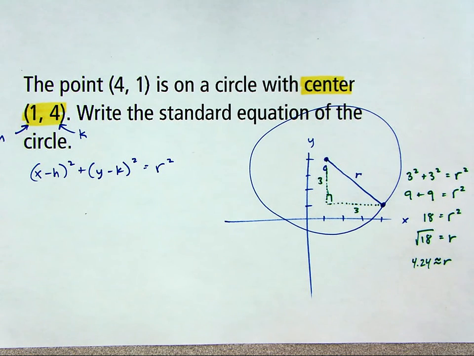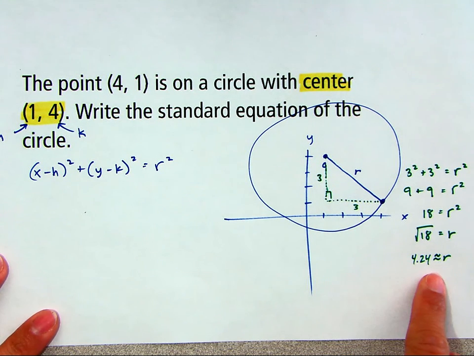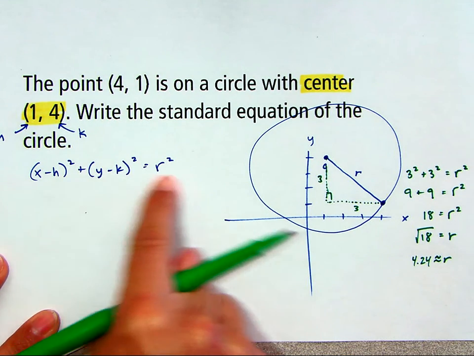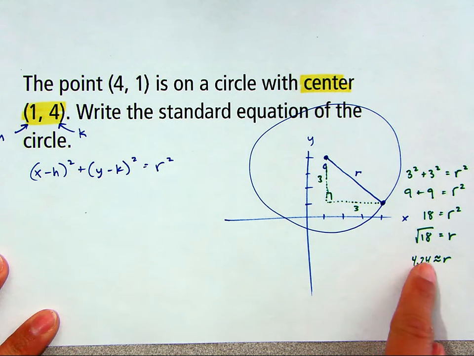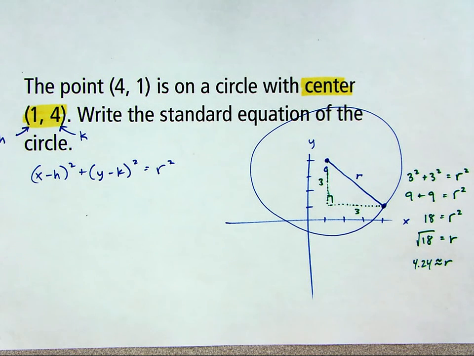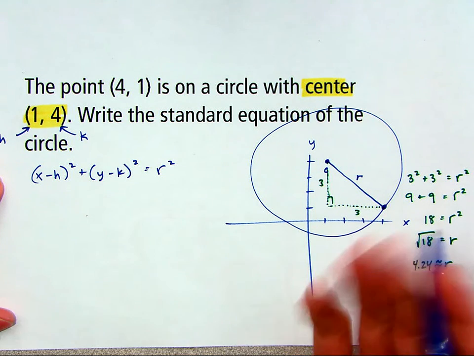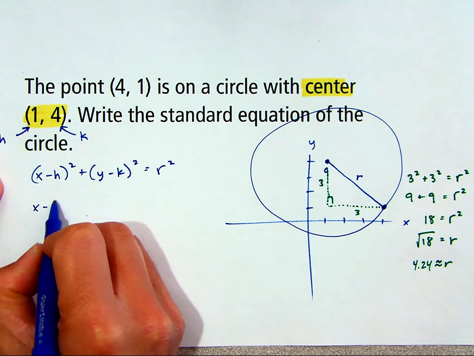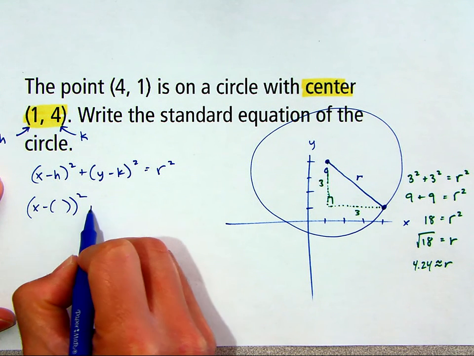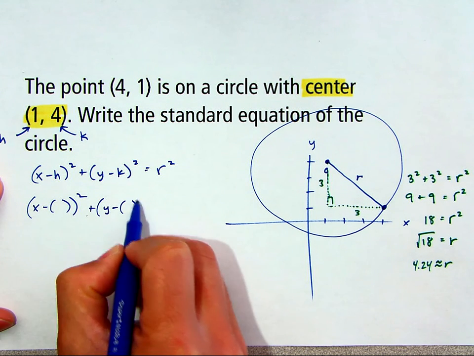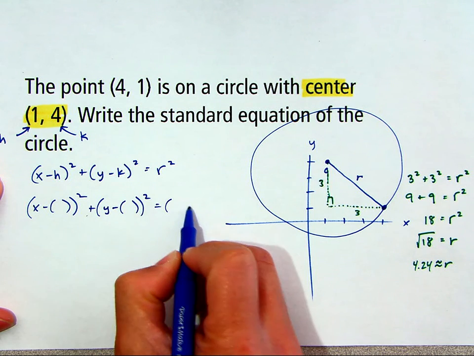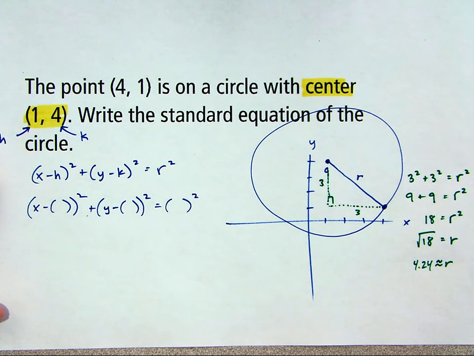All right. So that was the only piece that was missing, and so now we can substitute the h value, the k value, and the radius into our formula here. Let me replace the letters h, k, and r with just empty placeholders: (x − h)² + (y − k)² = r².